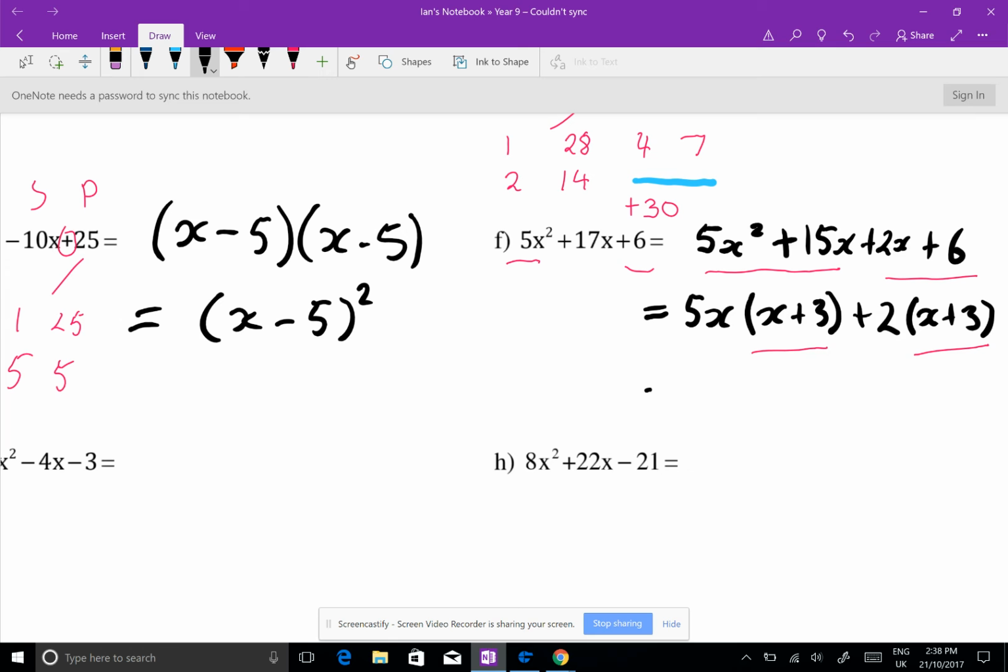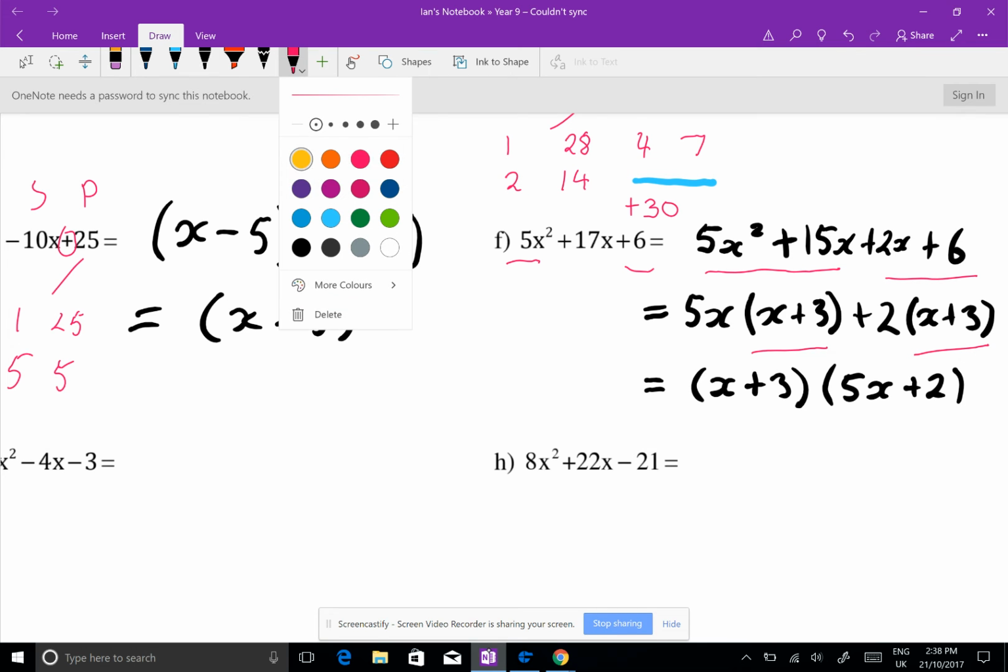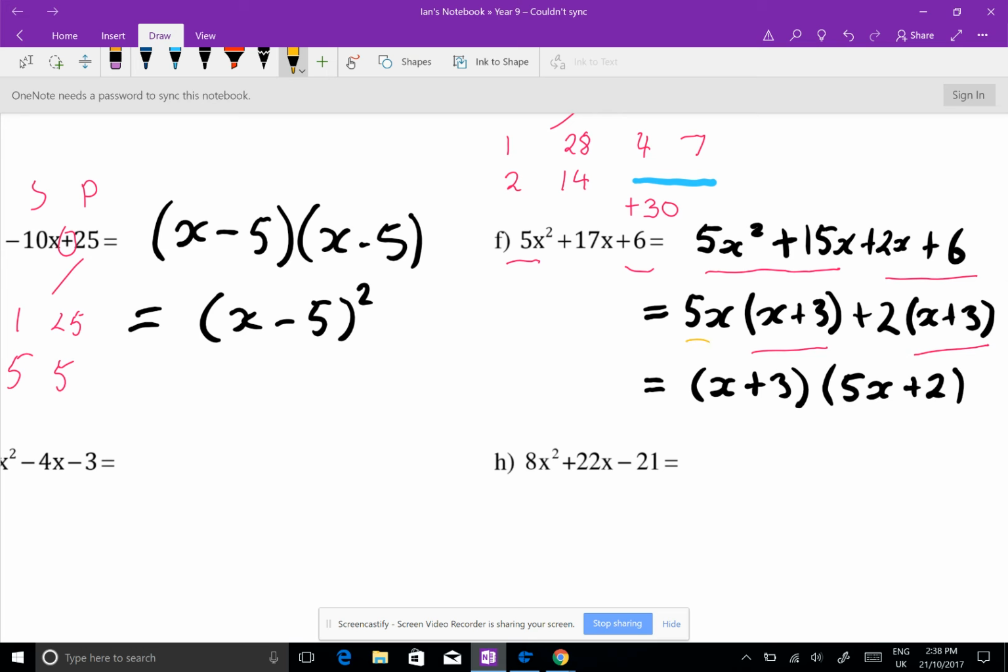So I'll take it out the front. I'll get x plus 3, 5x plus 2, because I've got the 5x left and the 2 left. So that's why that one is hard, and that's the method we did. It's called the product and sum, and it's a split method.